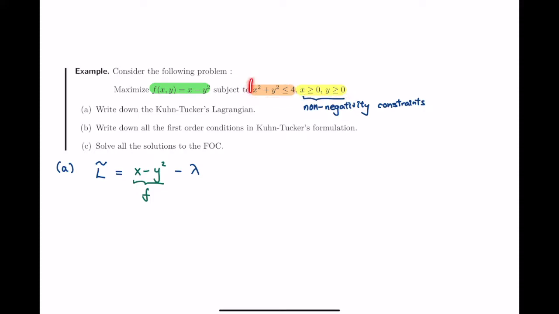So I just need to include this one. So I need to put down x squared plus y squared minus 4. So this is the Kuhn-Tucker Lagrangian. Okay, basically, it's done by ignoring all the non-negativity constraints.